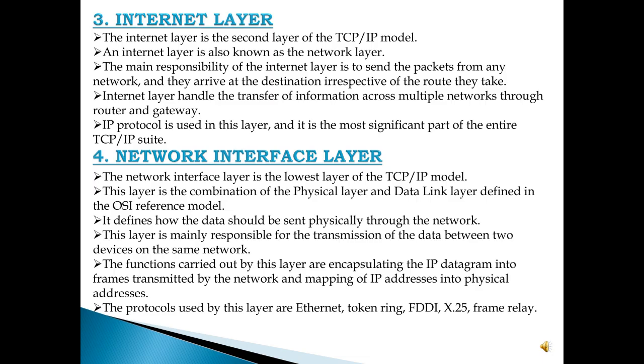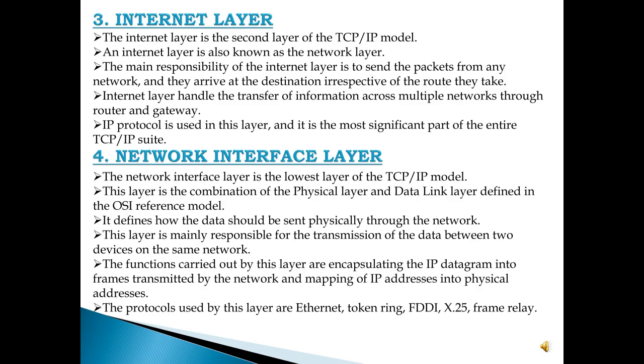Internet layer handles the transfer of information across multiple networks through router and gateway. IP protocol is used in this layer and it is the most significant part of the entire TCP/IP suite.